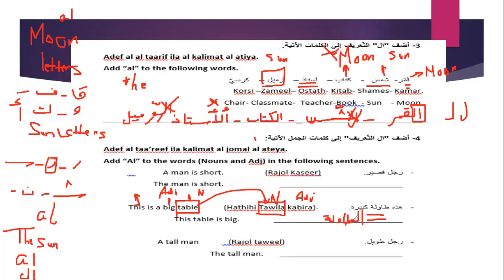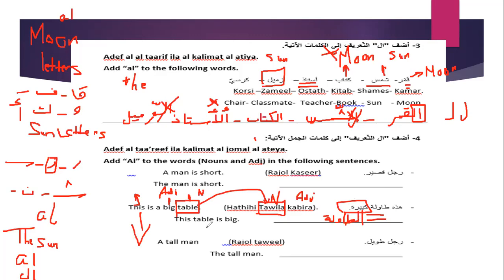Why didn't I add to the adjective كبيرة? You may say to me that the adjective is modifying the noun, so we should also add an L to this adjective. I say to you, yes, the adjective follows the noun in everything, but because this is a complete sentence that has this in the sentence, you cannot add L to this adjective.